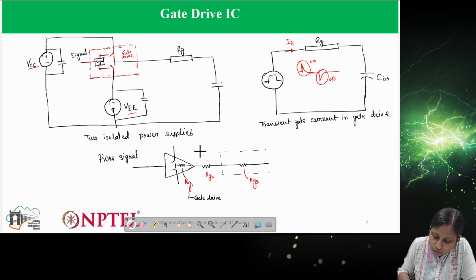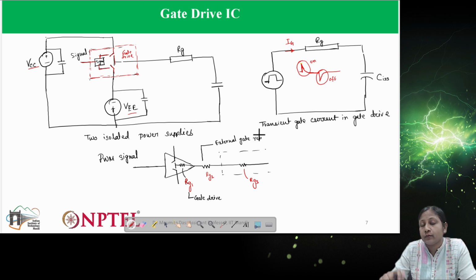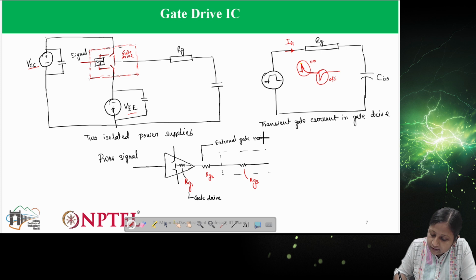Now Rg2 is the external gate resistance that we are connecting. From the data sheet we can see how much it can be connected. Based on that and based on our frequency of operation, we can connect this resistance.